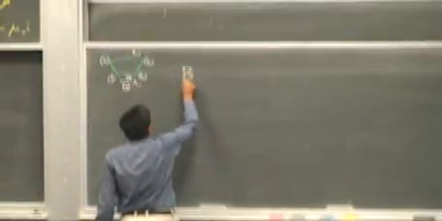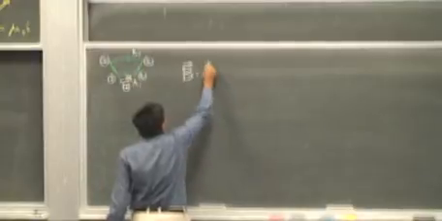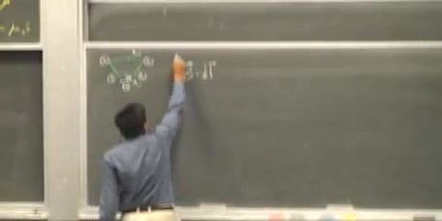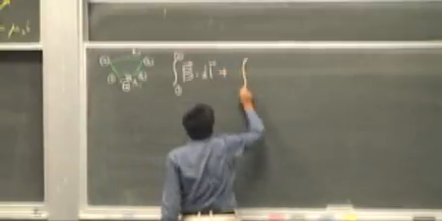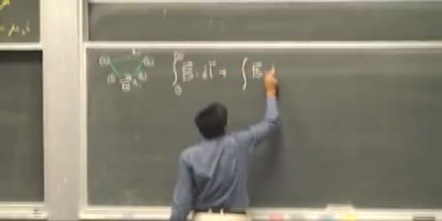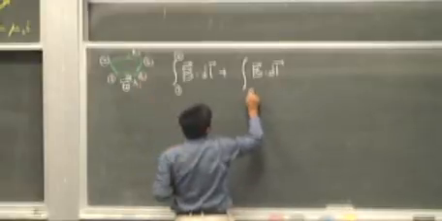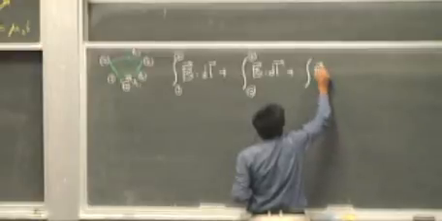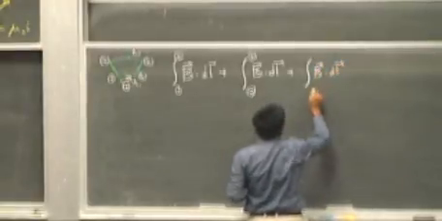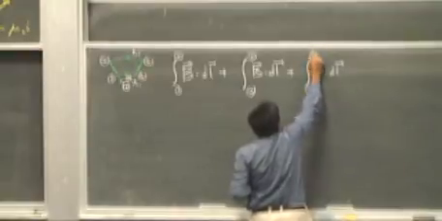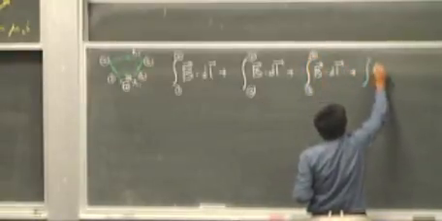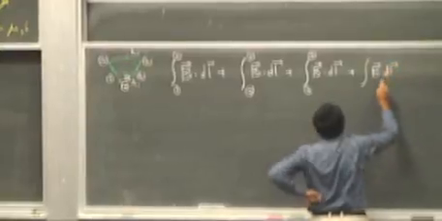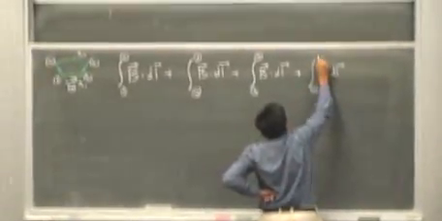Now if I go from 1 to 2, B dotted with DL going from 1 to 2, plus B dotted with DL going from 2 to 3, plus B dotted with DL going from 3 to 4, plus B dotted with DL going back from 4 to 1, so that we make a closed loop.